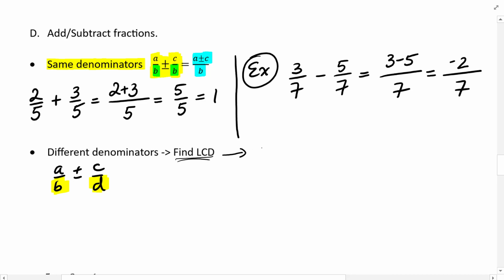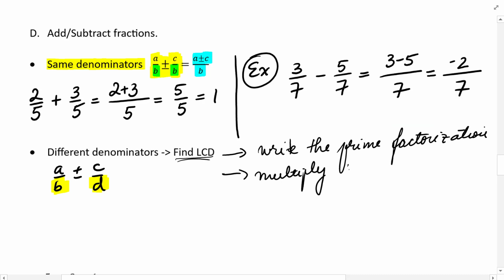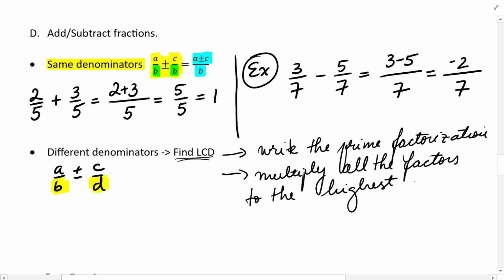Well, we write the prime factorization of each number, and then we multiply all the factors to the highest power. And I will show you what I mean by that.